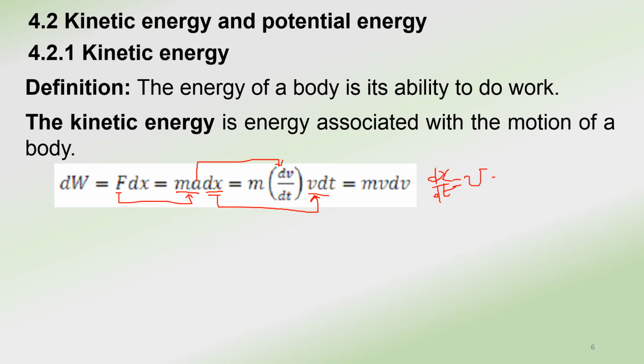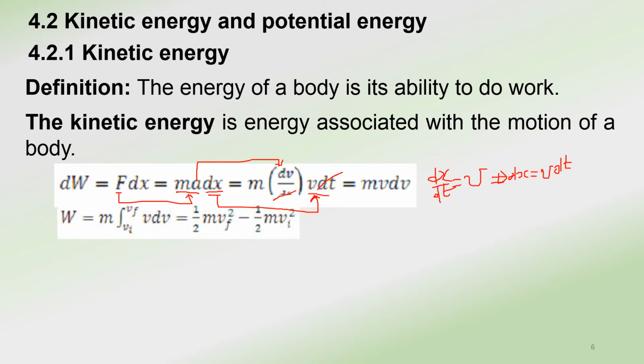This means that dx equals the velocity v times dt as well. Then this is the reason why we have replaced dx by v dt and the acceleration by dv over dt. You see that the numerator contains dt and the denominator has dt. This is the reason why they will cancel each other, and you remain with mass times the speed times the change in speed. And remember, on the left hand side we have the change in the work done.